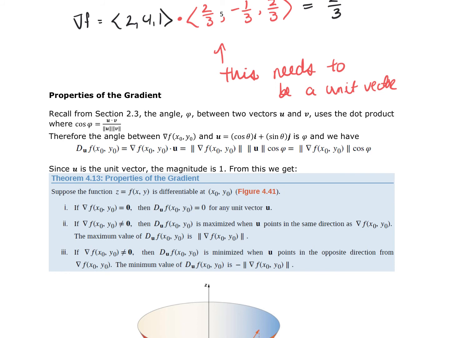Therefore, the directional derivative will be equal to the magnitude of my gradient times the magnitude of u times cosine of phi. But remember, this is a unit vector. The magnitude of the unit vector is, of course, going to be 1, and so we end up with this. And from that, we get this bit of information.